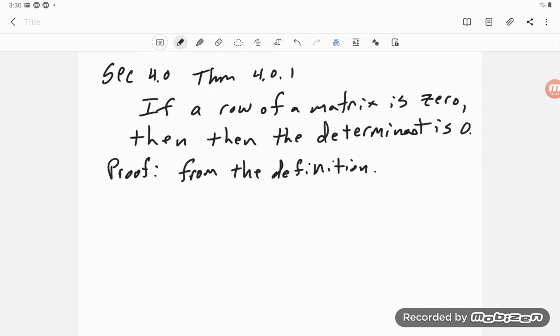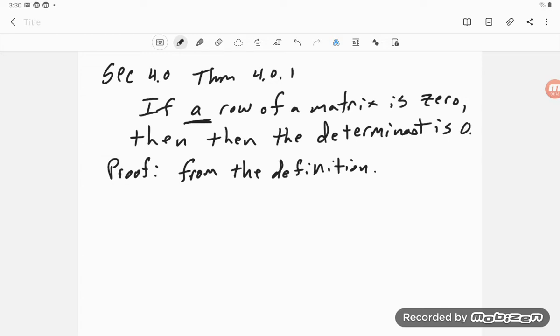And then I thought, oh wait, maybe their definition was such that no. So I stopped it and started over, and I sat there looking at their definition for a while. The definition is based on the first row. So if you said up here, instead of if a row, if you said the first row is 0, then I would say it definitely comes from the definition.